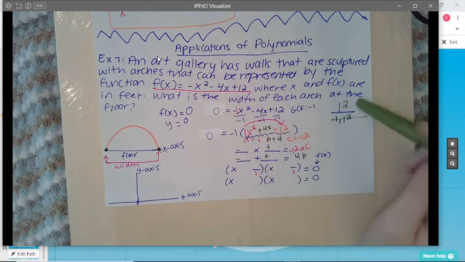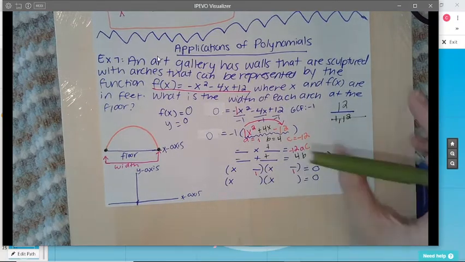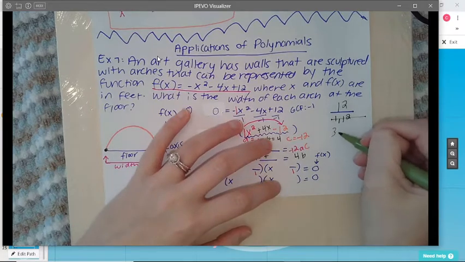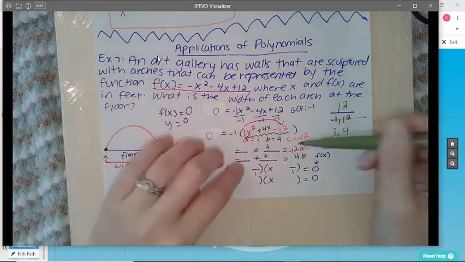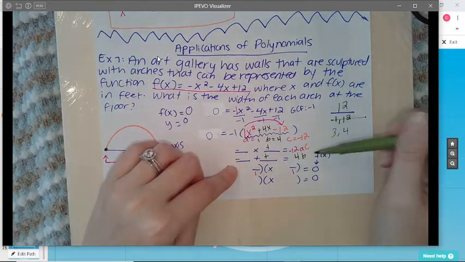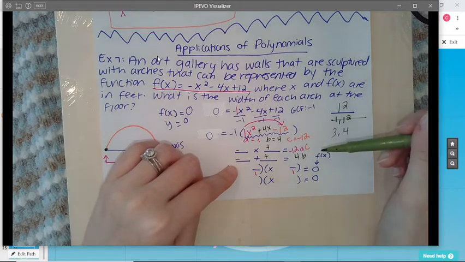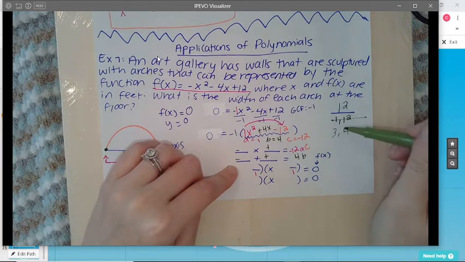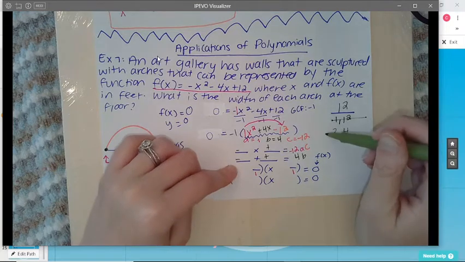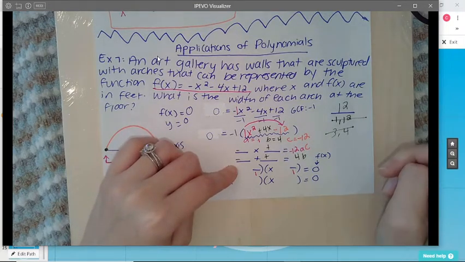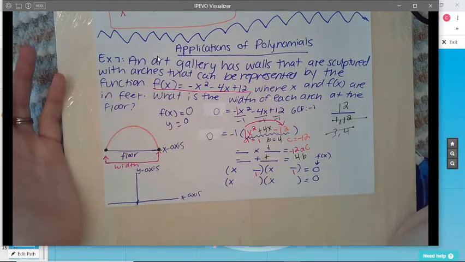Let's think of something else. What else multiplies to be 12? Well, I know 3 and 4 does. So negative 3 plus 4, well, that's 1. I'm trying to get 4, so that doesn't work. And 3 minus 4 is negative 1. Shucks, does not work.